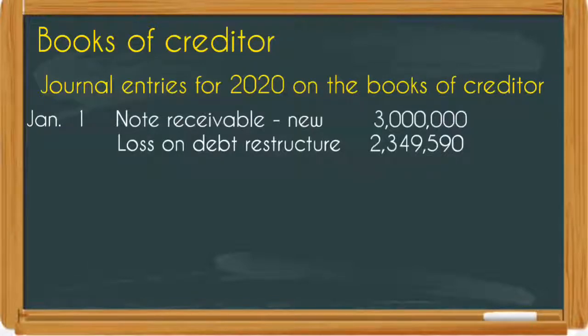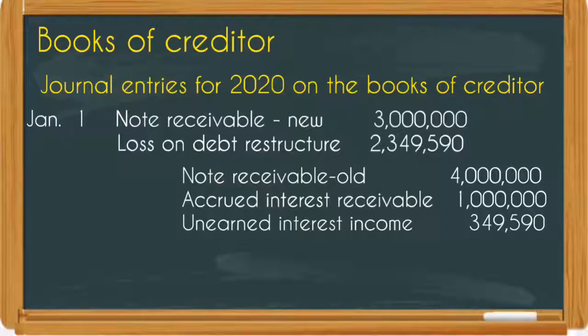So, debit, loss on debt restructure, 2,349,590. And the derecognition of the old note receivable of 4 million, credit, and credit accrued interest receivable, 1 million. And the debtor's discount on note payable becomes unearned interest income for the creditor.